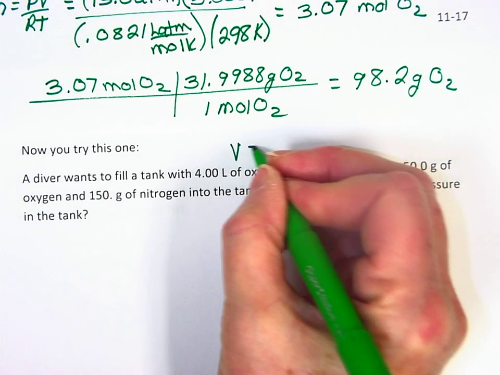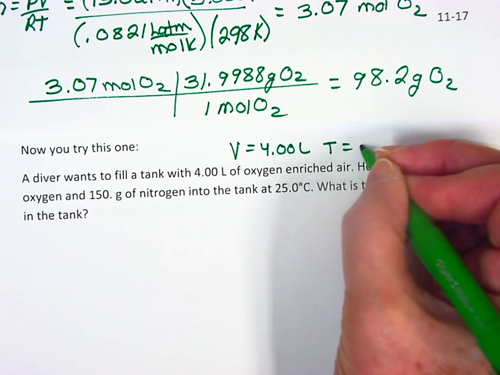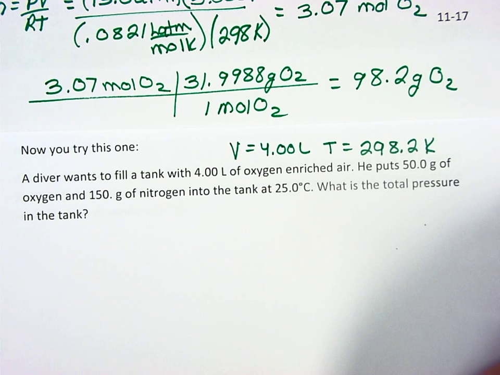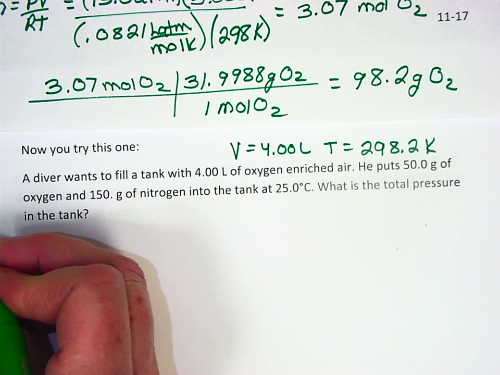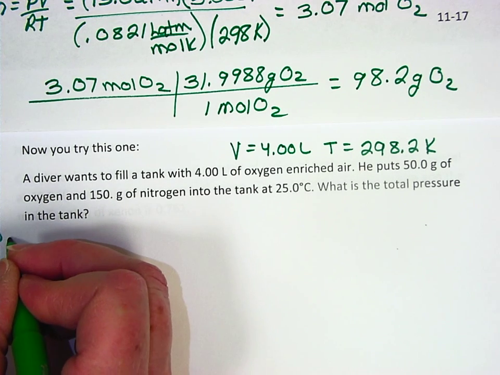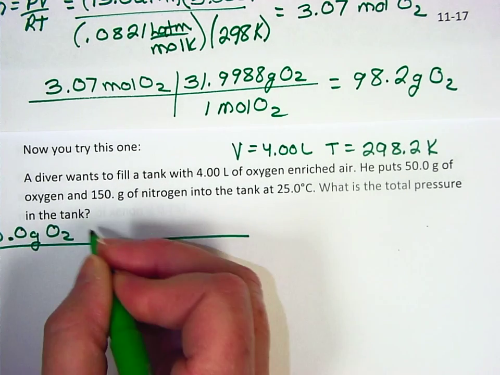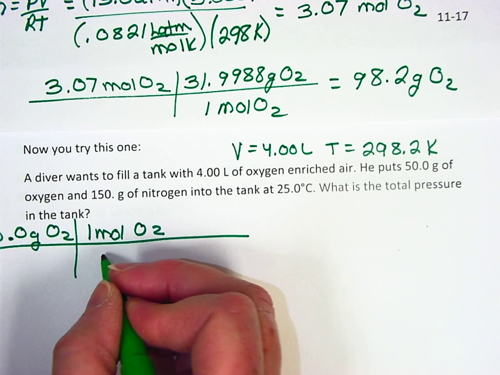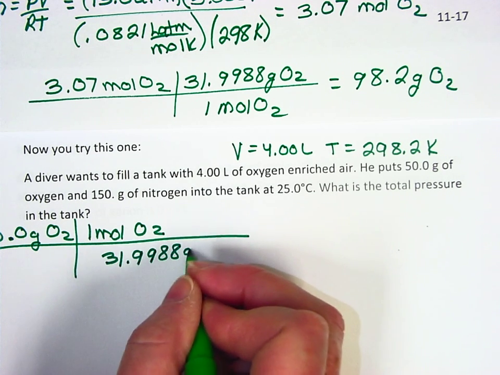So I know my volume is 4.00 liters. I know my temperature is 298.2 Kelvin, changing Celsius to Kelvin. And we know the mass of each of these gases, so we have to start converting grams into moles. So 50 grams of oxygen. I know that 1 mole of oxygen has a mass of 31.9988 grams.